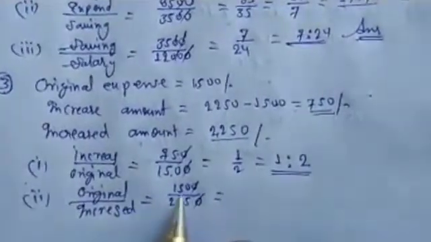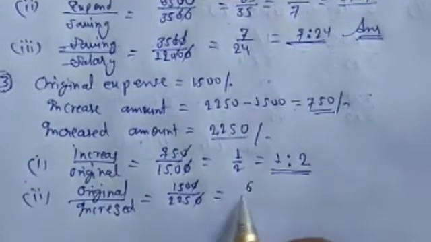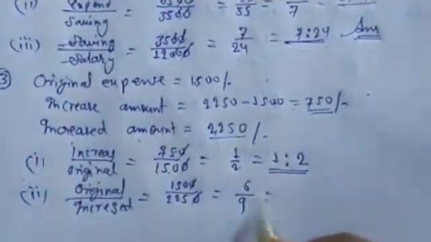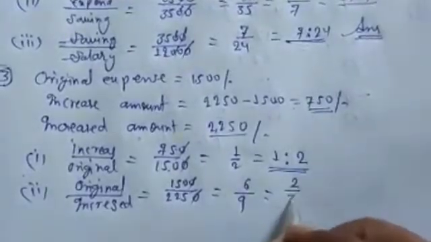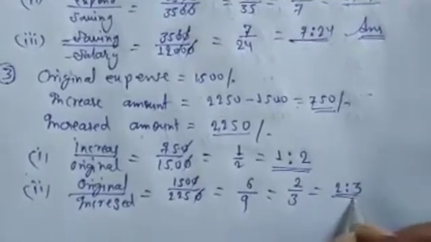Cancel 0 0. This is 150 upon 225. Both the numbers will be cancelled by 25. 25 times 6 is 150. 25 times 9 is 225. Now it can be cancelled by 3 also. 3 times 2 is 6, 3 times 3 is 9. It means 2 ratio 3.